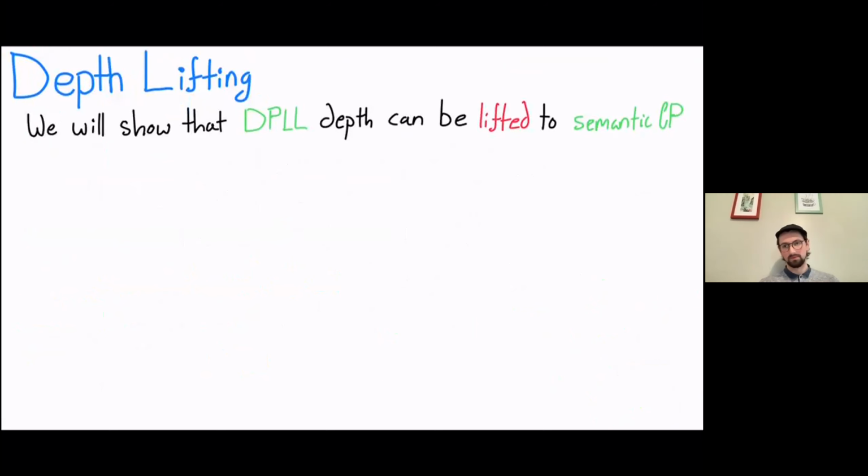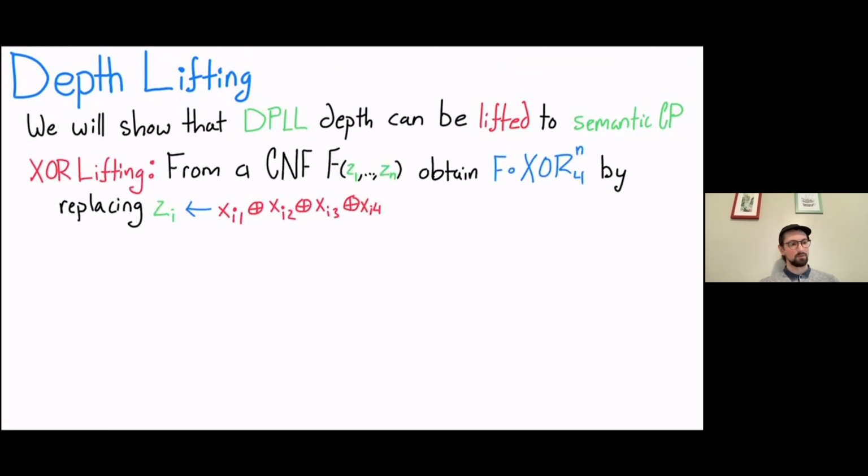And so the result that we get is that we show that DPLL depth can be lifted to semantic cutting planes depth. And what do I mean by lifted? I mean that you take a formula F and you lift it by composing it with a gadget to get some other formula. In this case, we're composing with a 4-bit XOR.